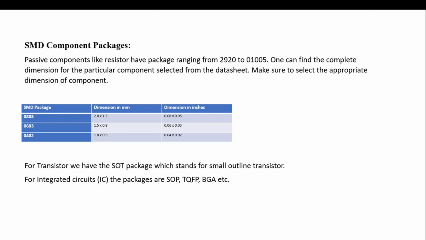One can find the complete dimension of the particular component selected from the data sheet. So it is extremely important to refer to the data sheet. Make sure to select the appropriate dimension of the component while designing this PCB. If you look at this SMD package like 0805, in millimeter, the dimensions are like 2.0 cross 1.3.